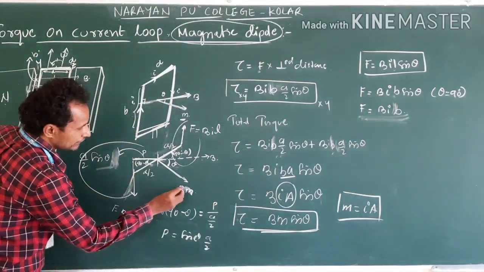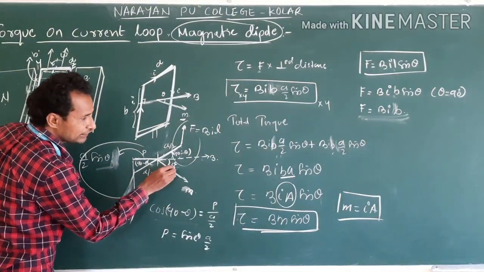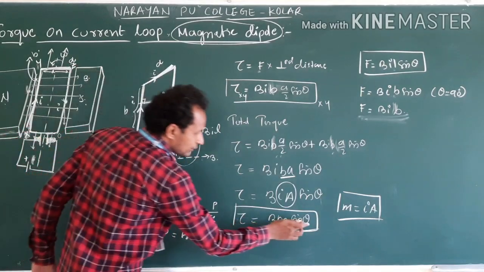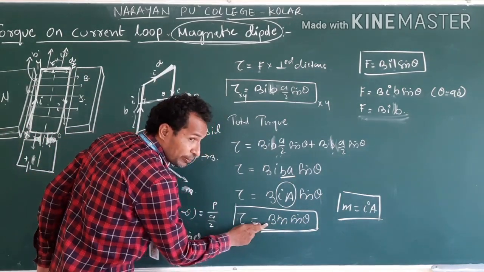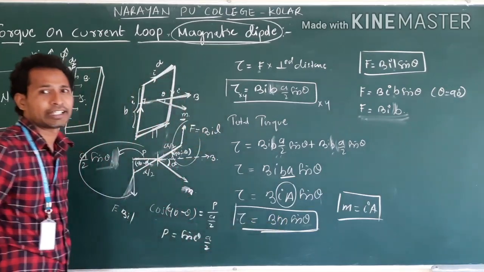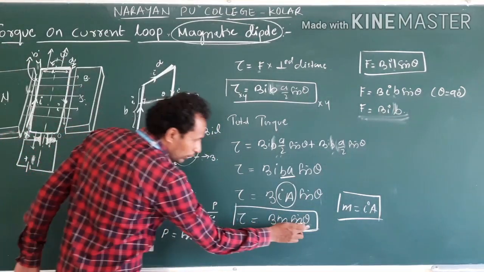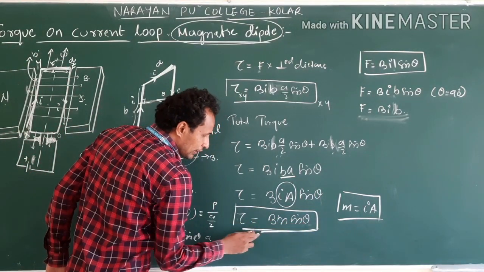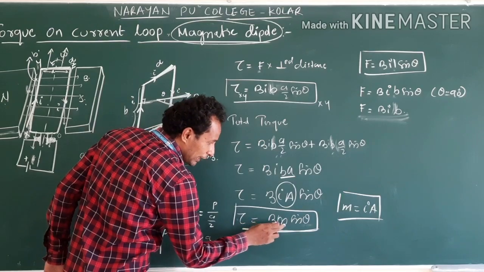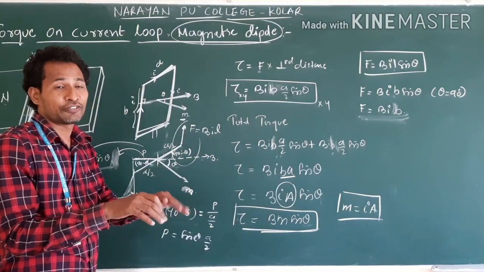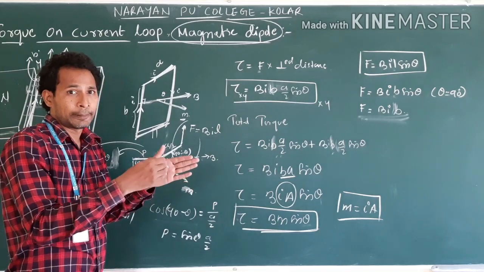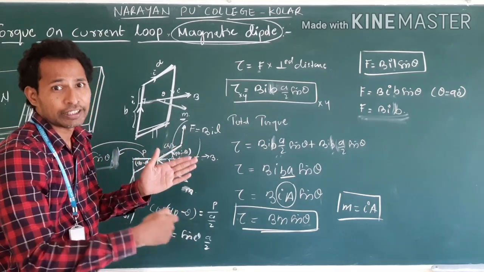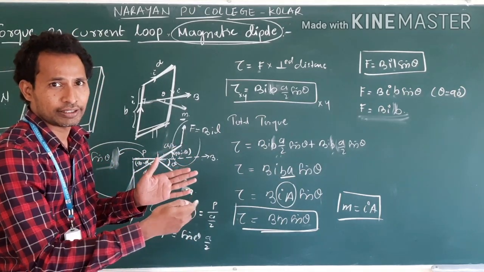That is why this M makes an angle theta with the magnetic field. This theta we take as the angle between the magnetic field and magnetic moment. Where does the magnetic moment act? It acts perpendicular to the plane of the coil. Understand? Clear?